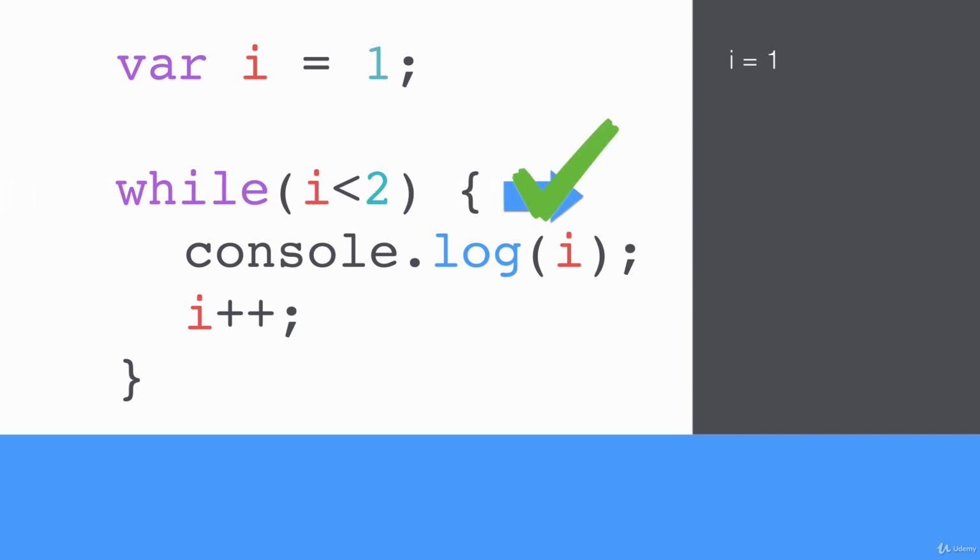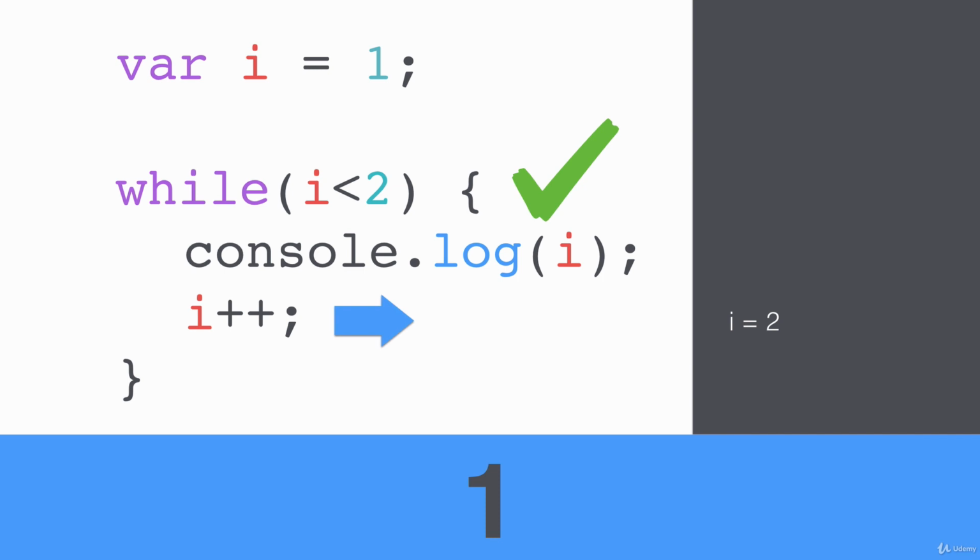And if the statement is true, then that means that the computer will execute the code in between the curly braces, which currently just tells it to console log the value of I, which of course, as we know, is equal to 1. Now, the next line of code inside this while loop increments I, and so I is now equal to 2.